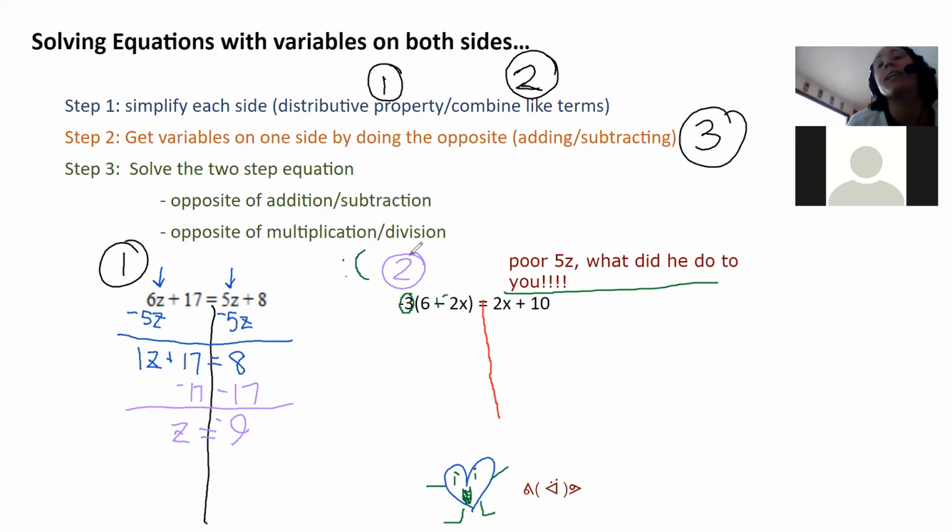Perfection. Good work, guys. Good stuff. So then we're going to distribute that negative 3 because we have parentheses. You always have to do that first. So go ahead and distribute that negative 3.